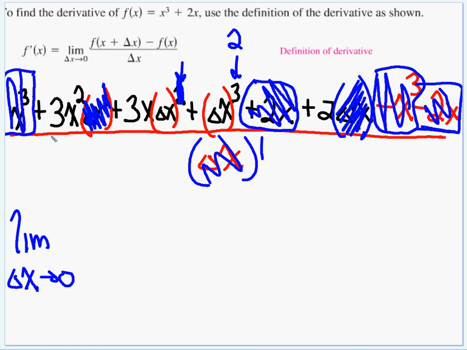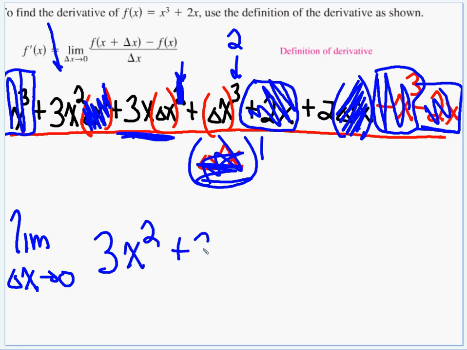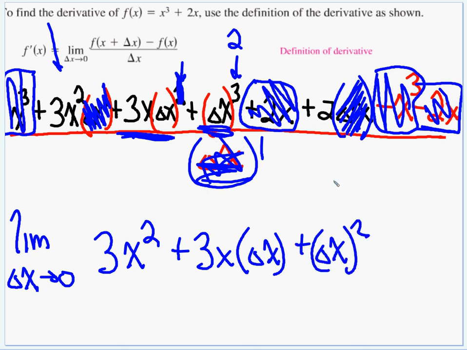Let's see what's left. Again, our denominator is entirely gone. So we have a 3x squared is there, 3x squared. We have a 3x delta x, 3x delta x. This delta x got knocked down to a squared, so we still have a delta x squared. And here is a plus 2, plus 2.